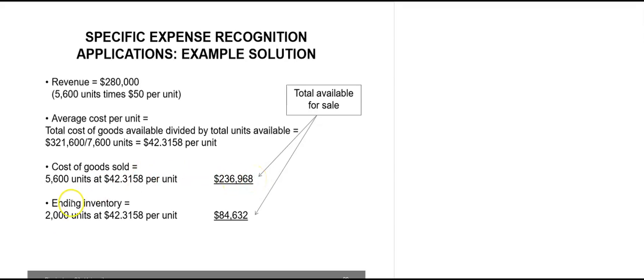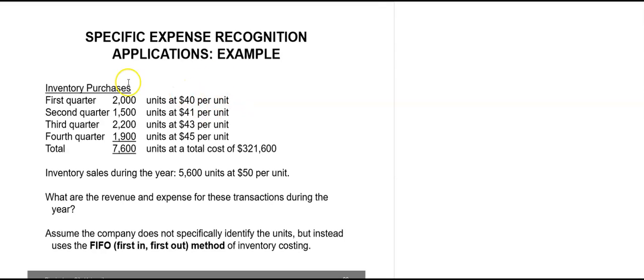In the ending inventory, we have 2000 units left because the total number of units are 7600, out of which we have sold 5600 units, so we are left with 2000 units, and the per unit weighted cost is 42.3158. Multiplying this by the remaining number of units, we get the cost of ending inventory, which is $84,632. The total revenue remains the same, that is 5600 units at $50 each.